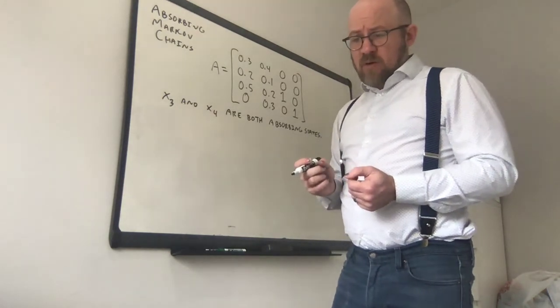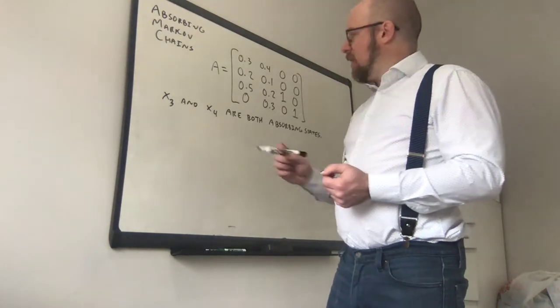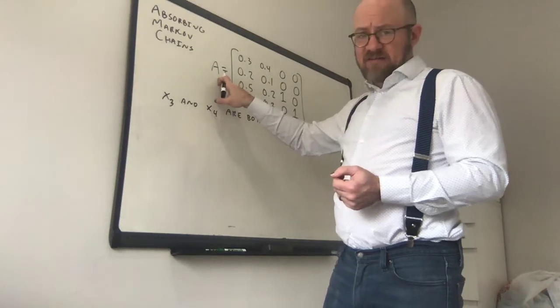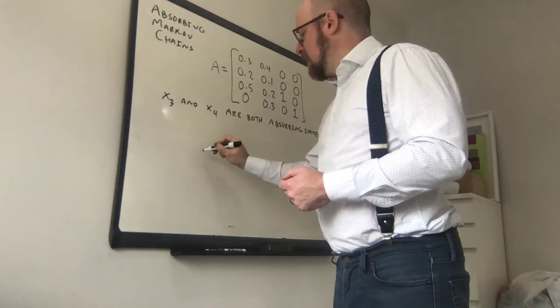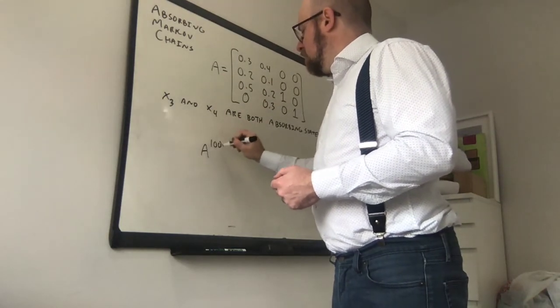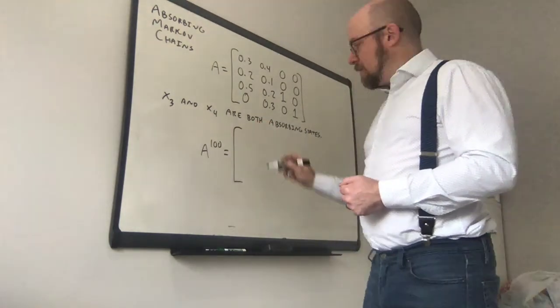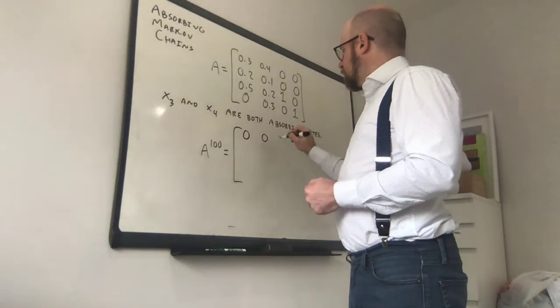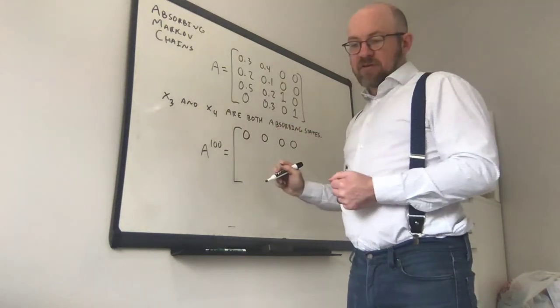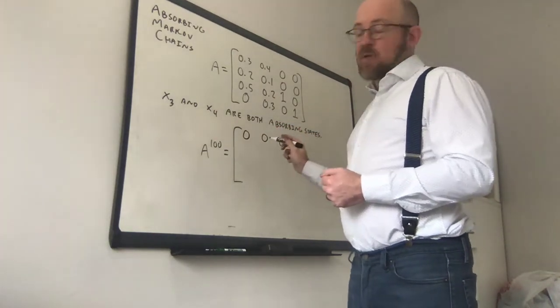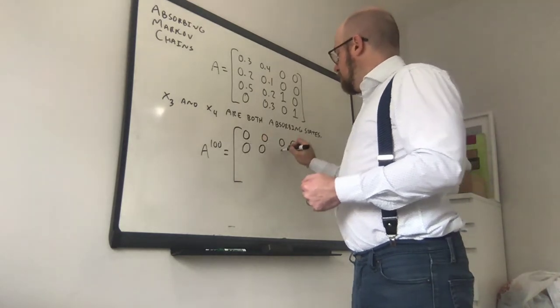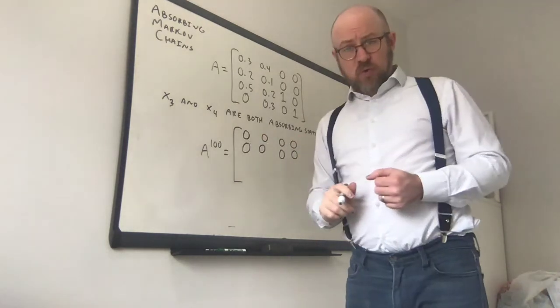So we can look at our steady state matrix. If you take A to the 100, you take a power of this, your steady state matrix looks like this: 0, 0, 0, 0. Nothing ends up in state 1. Nothing ends up in state 2.